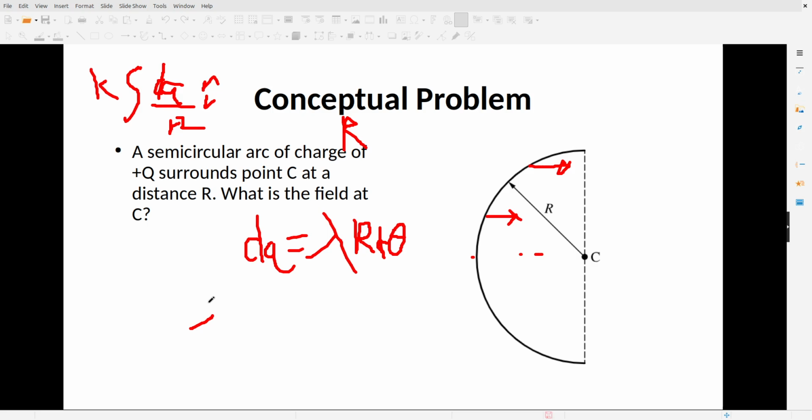We have k lambda r d theta all over r squared. This is going to go from pi over 2 to negative pi over 2.